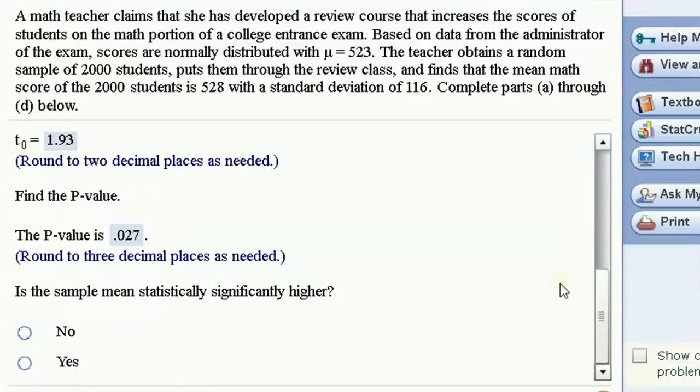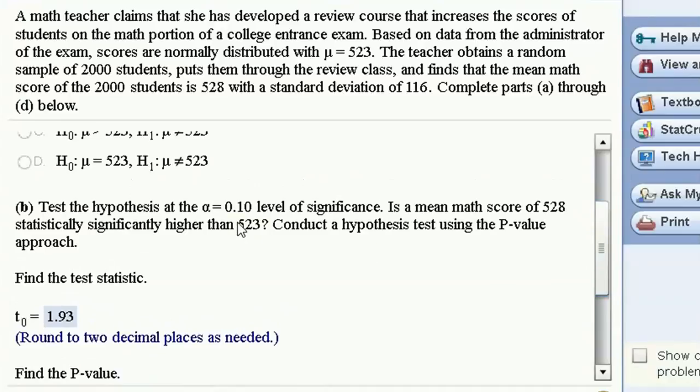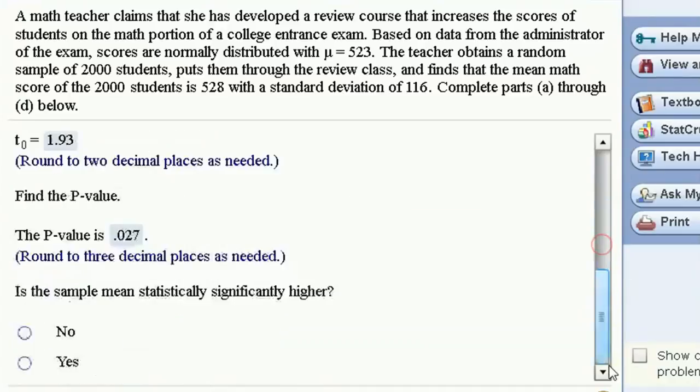Is the sample mean statistically significantly higher? Again, we're checking whether this p-value is less than the alpha level. P-value of 0.027, alpha level of 0.10, that p-value is less. That means we say yes, there is statistically significant evidence that the mean is higher than the population mean from that null hypothesis.